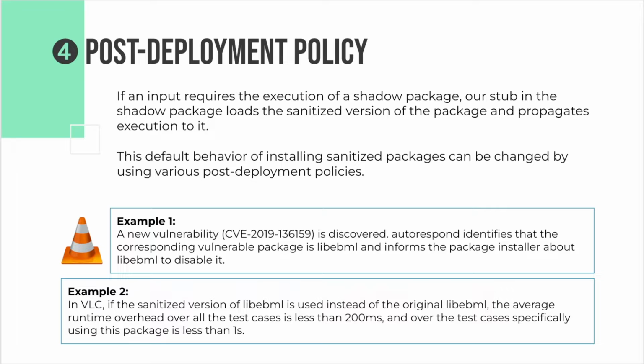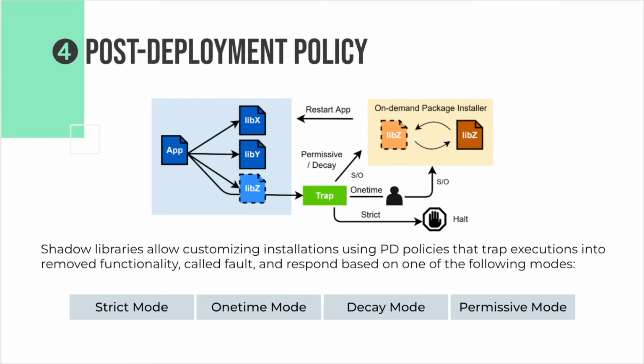If a user plays a mkv file, which requires libebml, the shadow package forces the program execution to safely stop the first time a function in libebml is invoked or passes the execution to its sanitized package. Shadow packages are configured to force the program execution to stop, so any security vulnerability in uninstalled packages is prevented.